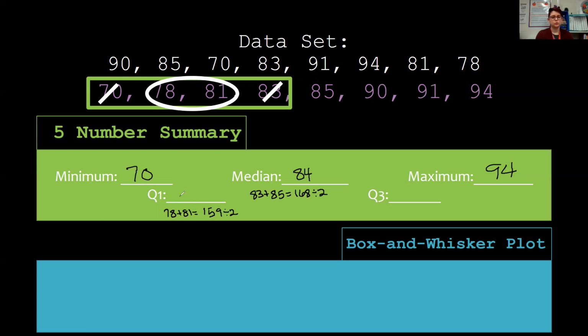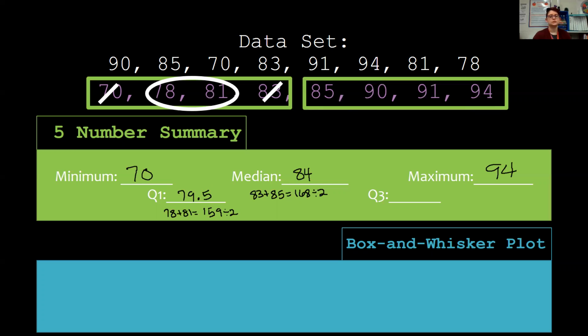And we get that Q1 is 79.5. And finally, we need to find Q3. So that's the upper numbers. And we can see that Q3 is 90 plus 91, which equals 181 divided by 2, which is 90.5.